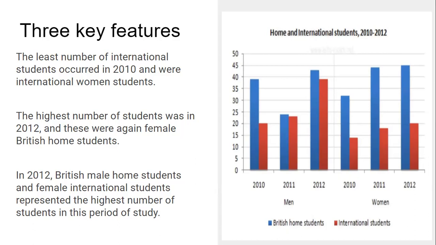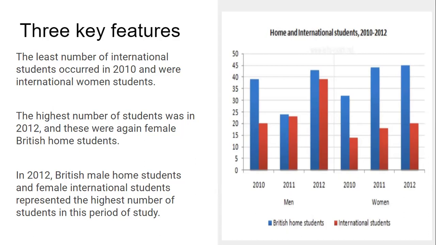So in the third one, let's make a difference and talk about the males. But if not, you can definitely talk about both men and women. You can talk about only women, or only men. That's personally your choice. In 2012, British male home students and female international students represented the highest number of students in this period of study. This is the second thing that you need to speak.